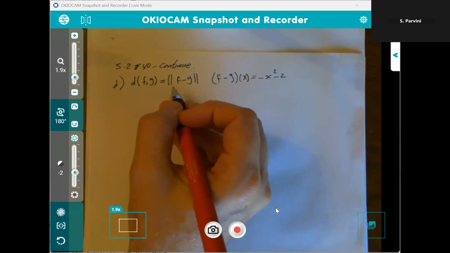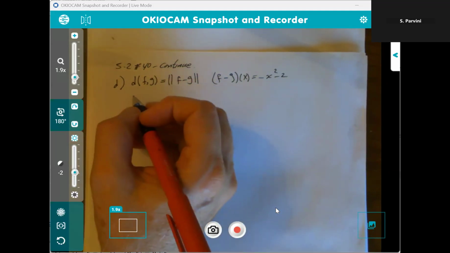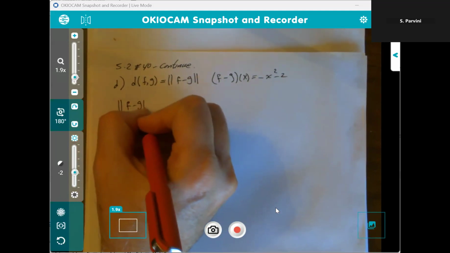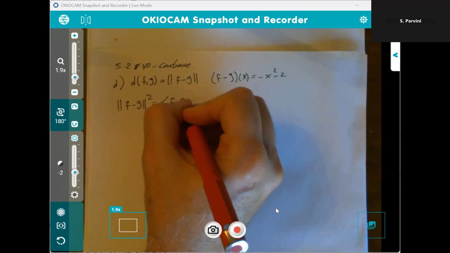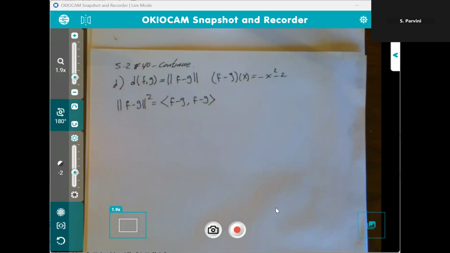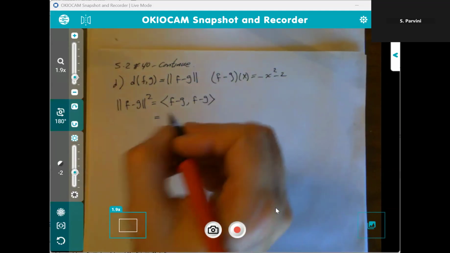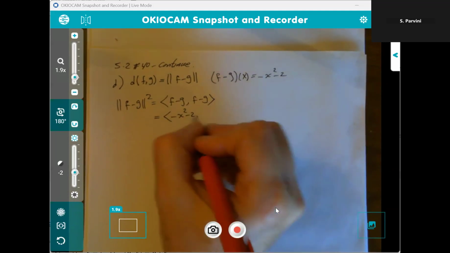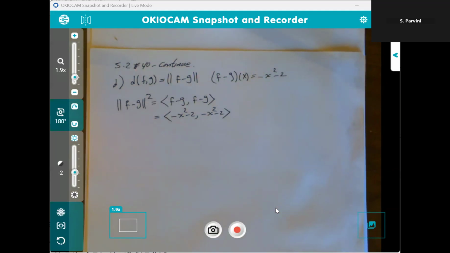And then to find the magnitude of that, we know the magnitude squared of f minus g is the inner product of f minus g with itself. So we're doing the inner product of negative x squared minus 2 with itself.